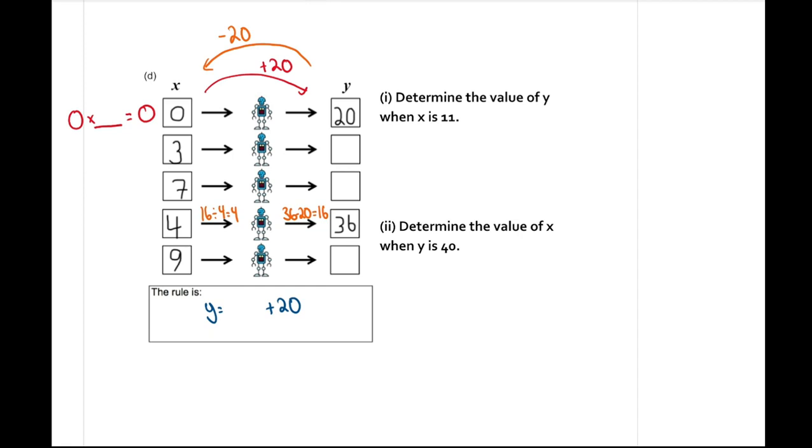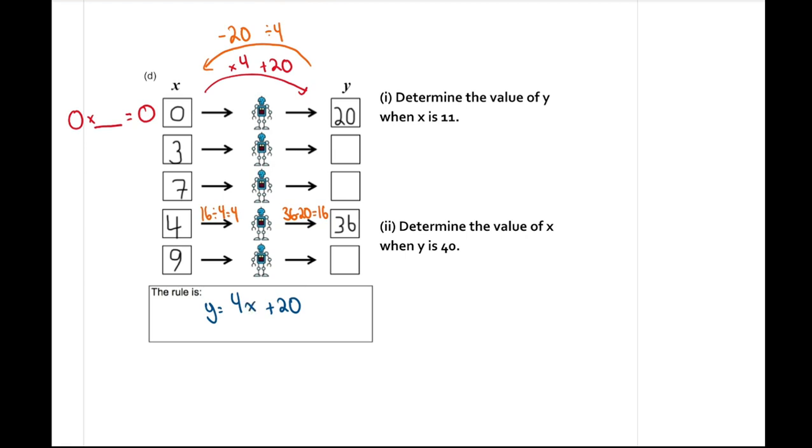So that means that my multiplier, or the number that I have to multiply by, is going to be 4. 4 times 4 is 16, plus 20 is 36. And then going in reverse, 36 minus 20 is 16. 16 divided by 4 gives me 4. So that does work. So that means then that my multiplier is 4.